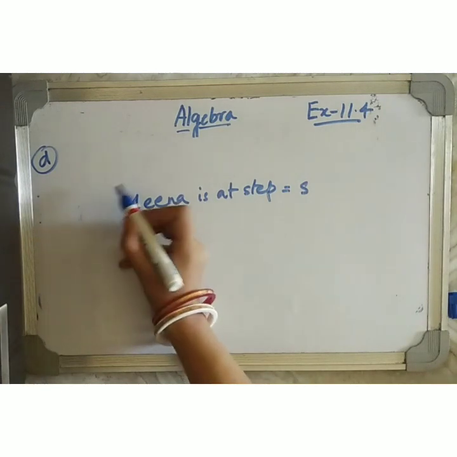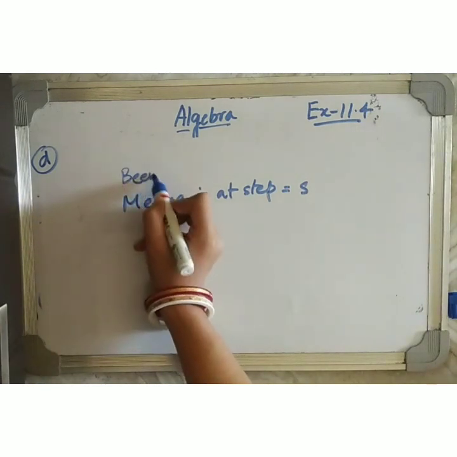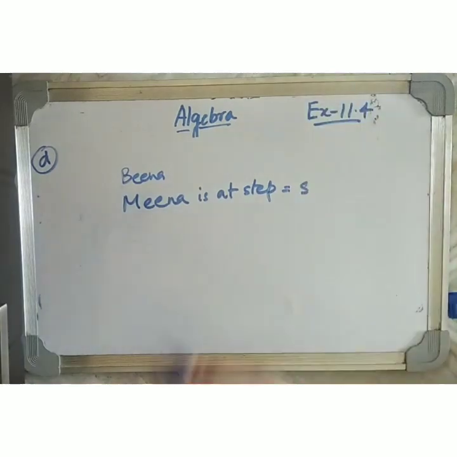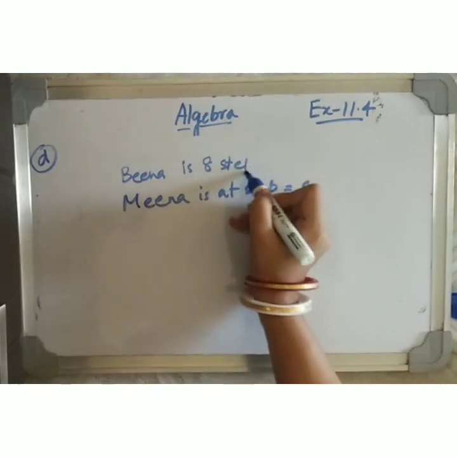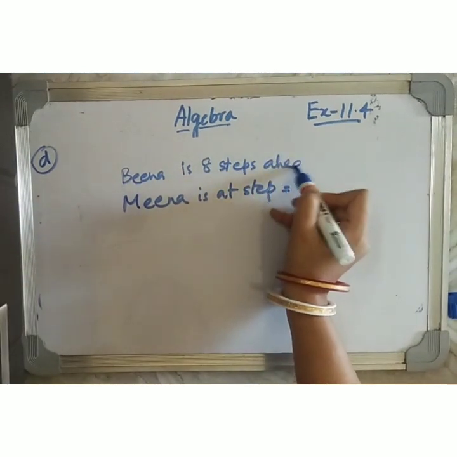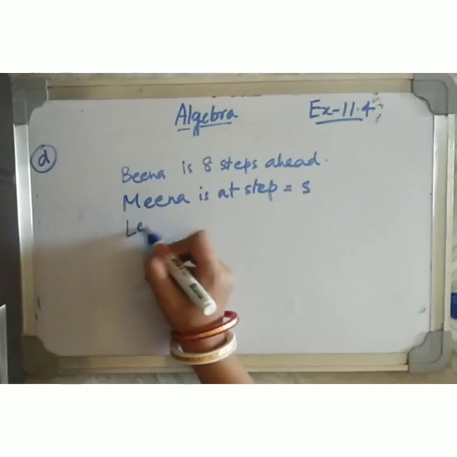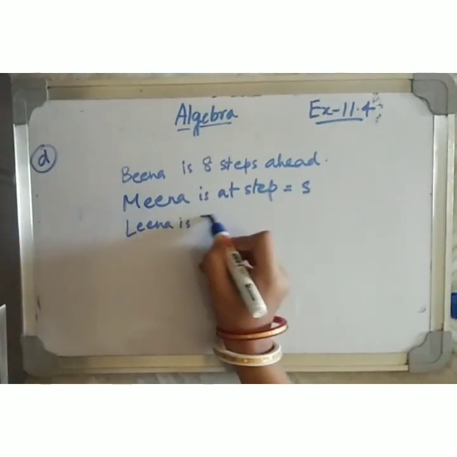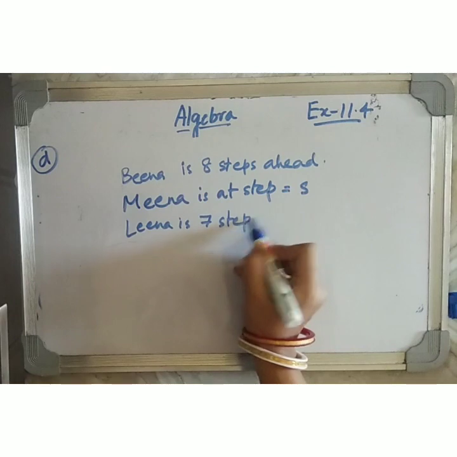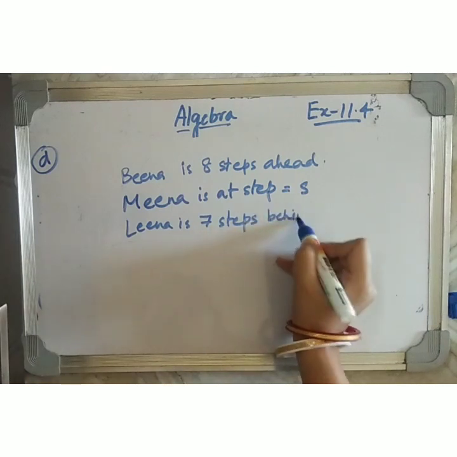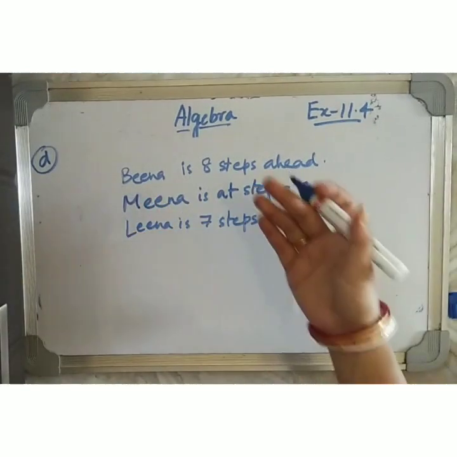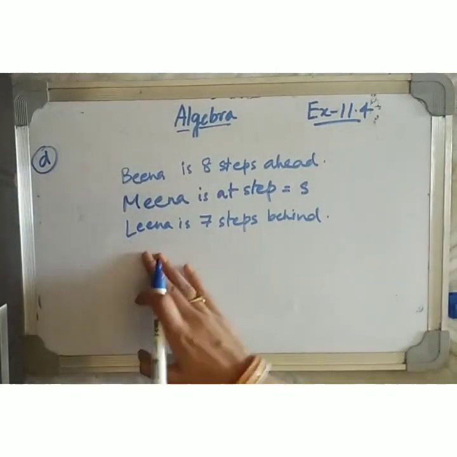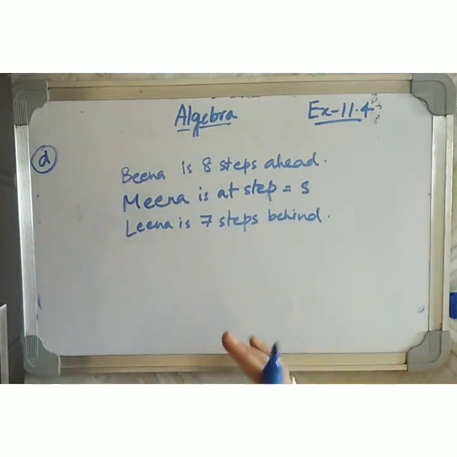If Beena is ahead, means Beena has gone earlier. So Beena is 8 steps ahead and Leena is 7 steps behind. Okay, so Beena is going faster than Meena and Leena is going slower than Meena.